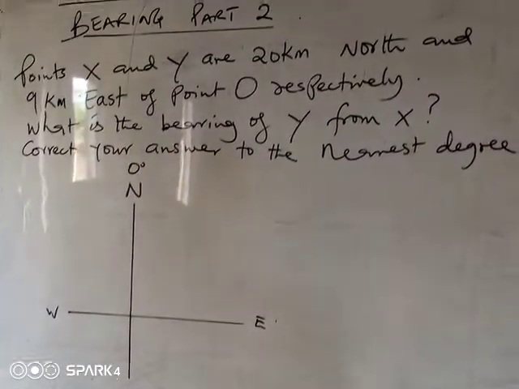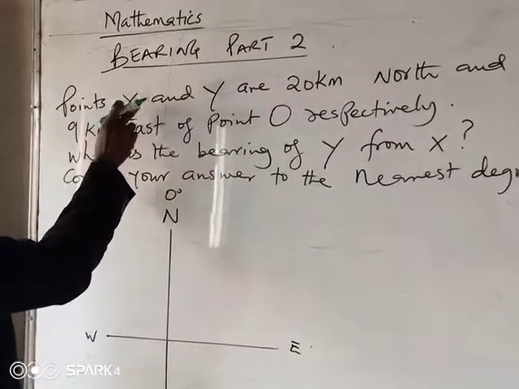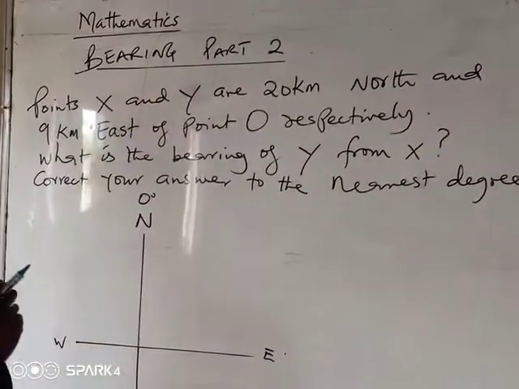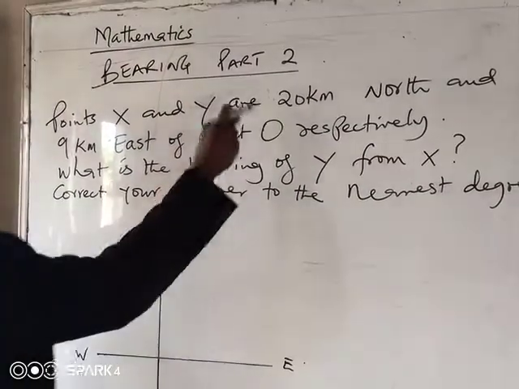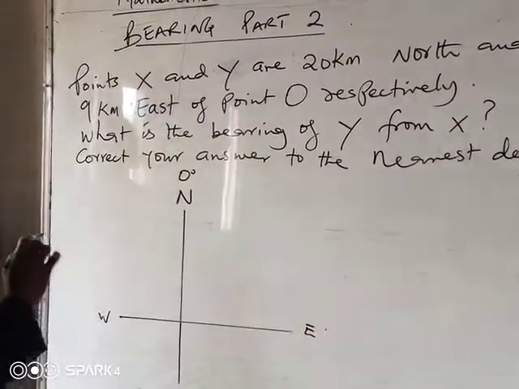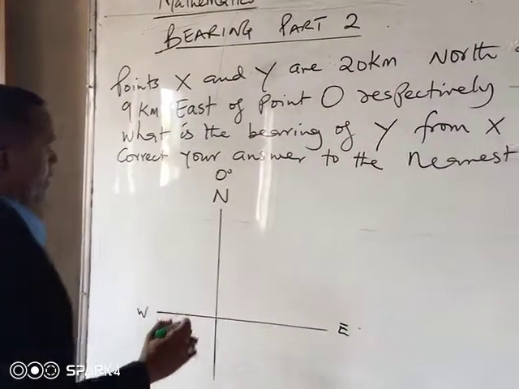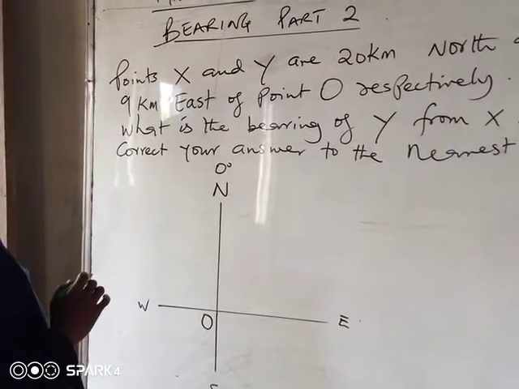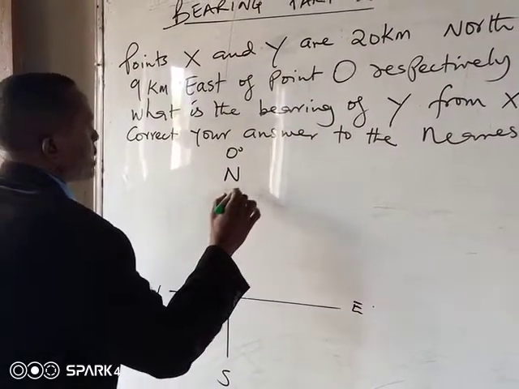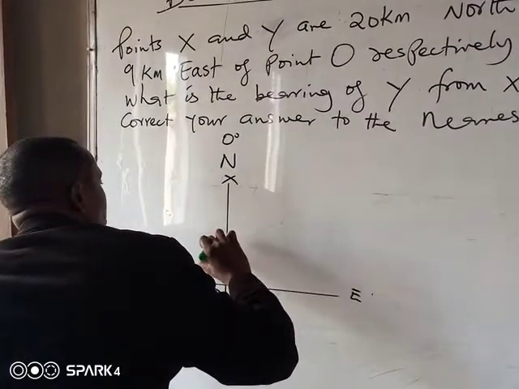Now the instruction says the word respectively means this X has the distance of 20 kilometers while Y has a distance of 9 kilometers. This is my origin, which is O. So this is my X, and this X is 20 kilometers.